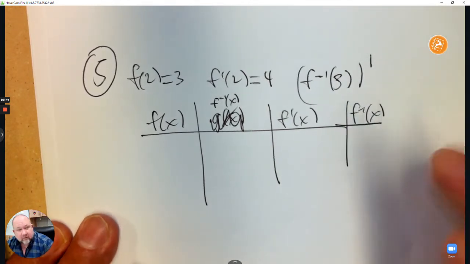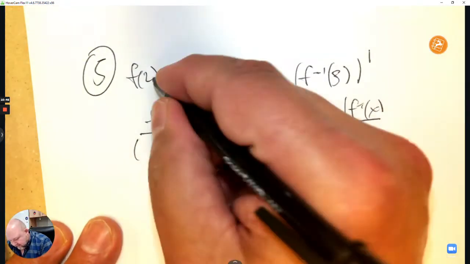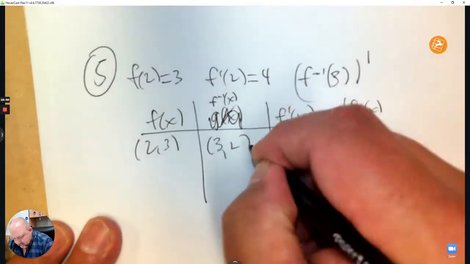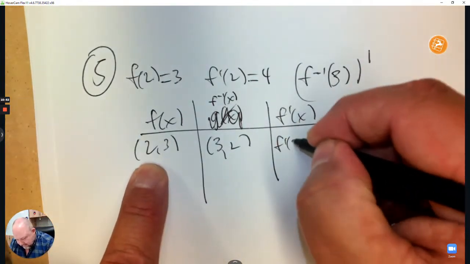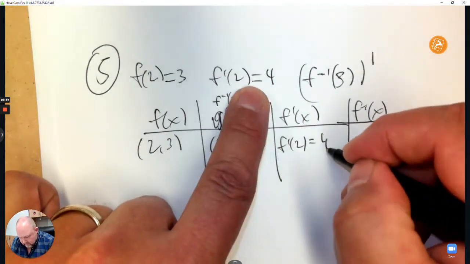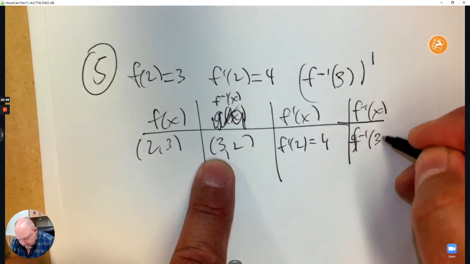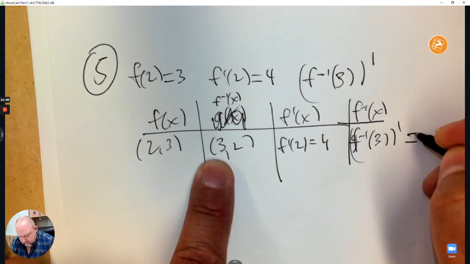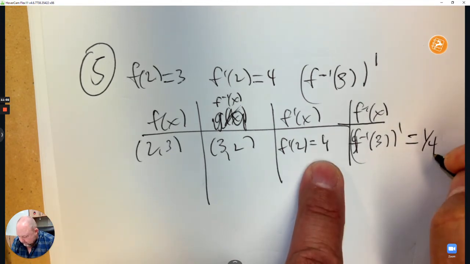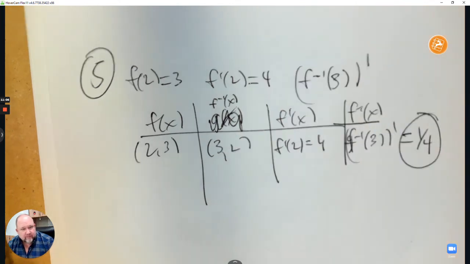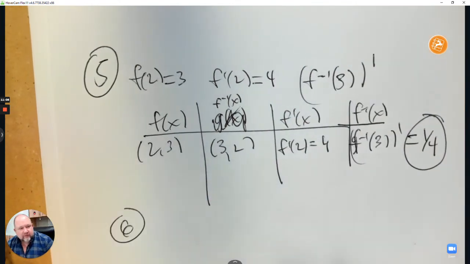I think that'd be helpful. So we have a point at (2, 3). The inverse of that is (3, 2). The derivative at 2 is 4. So the derivative at 3 would be the reciprocal, which is 1/4. And there's your answer.